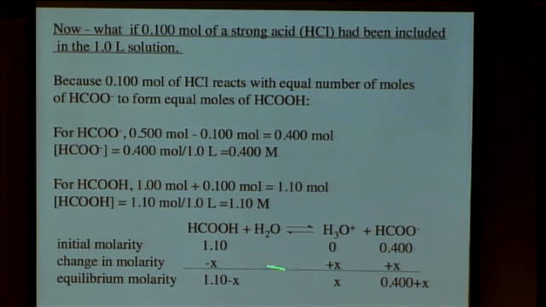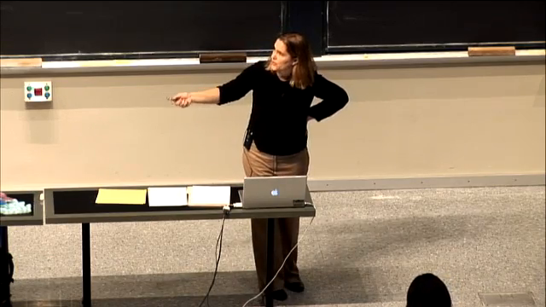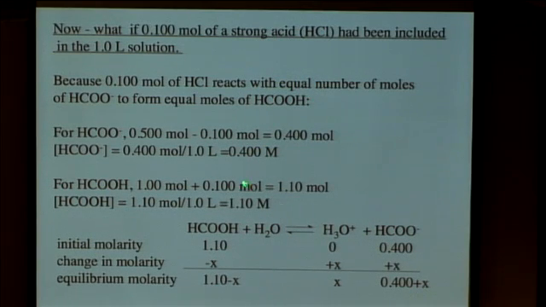So we have 1.1 minus x, and 0.4 plus x. So again, the trick here is just to remember that there's a reaction with a strong acid that has been added, and you need to figure out the new molarities and then go back to your equilibrium table with those new molarities.